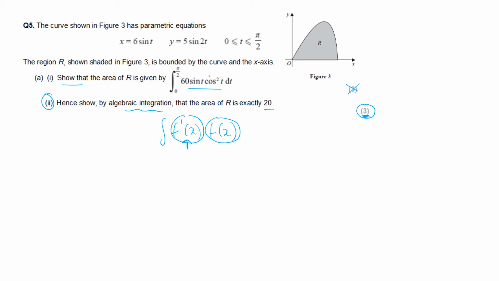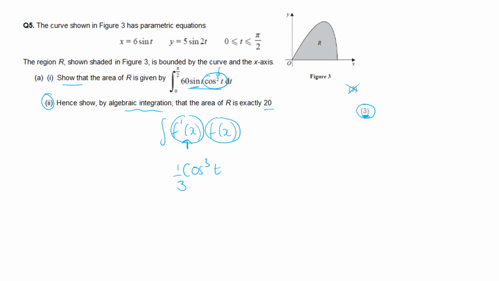So if we just look at the cos squared and integrate with respect to the outside function, which is the squared, cos squared t would integrate to add 1 on and divide by the new power. Now, if we differentiate that, the power would come down, cancel with that 3, and we would get cos squared. That would be differentiating with respect to the outside function, but then we'd need to times by the differential of the inside.